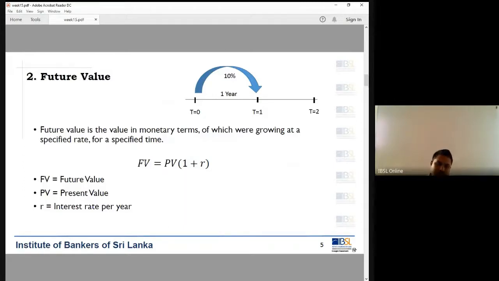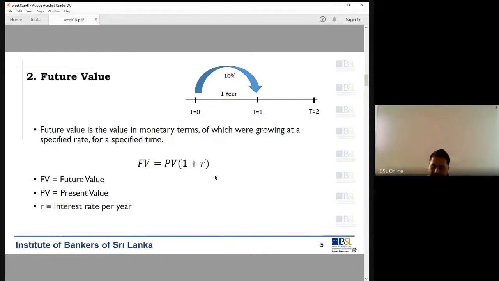In simple terms, if we multiply this bracket and look into these two terms independently, we see this is PV into 1, that is the present value, and this is PV multiplied by R%, that is the interest.